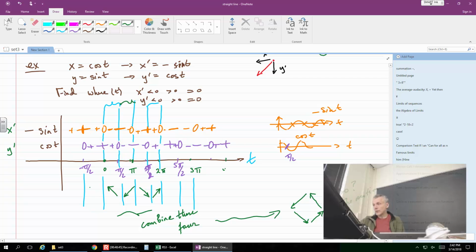Well, once again, this is a continuous motion, and during the first period of time we're moving in this direction, then the next period of time moving in this direction, then we start moving in this direction, and then in that direction.